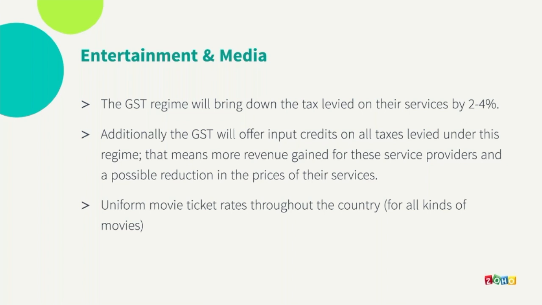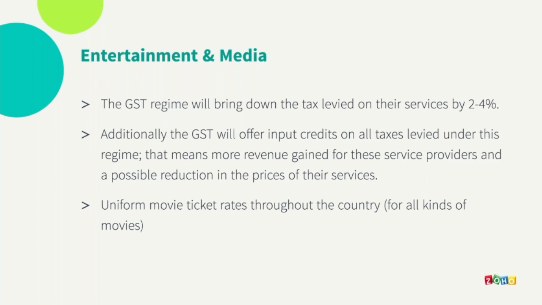Additionally, as GST would offer a very uniform and unrestricted flow of ITC, this is actually going to increase the revenue gained by these people. And so they can actually choose to pass down this benefit to the end consumer, to us. And this move is also going to make the movie ticket prices uniform throughout the country.